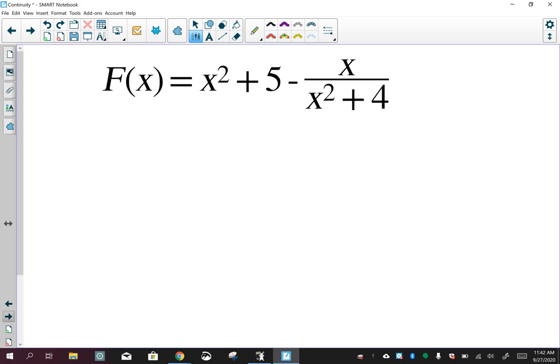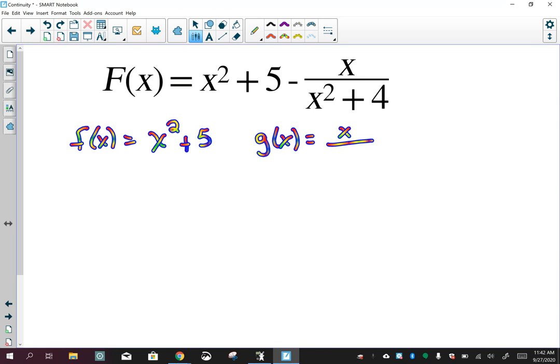So what we want to do is take this and break it down into something smaller. If you notice, I can say I'm going to let my f of x equal x squared plus 5, and I'm going to let my little g of x equal x over x squared plus 4.